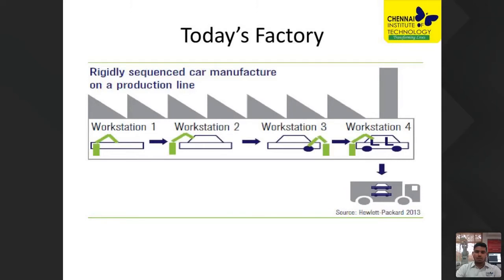But at the end, you get your overall output. This is what we call sequenced car manufacturing on the production line. Beyond the sequenced line, there are many other production lines where drastic changes may be happening in the workstation process as well.